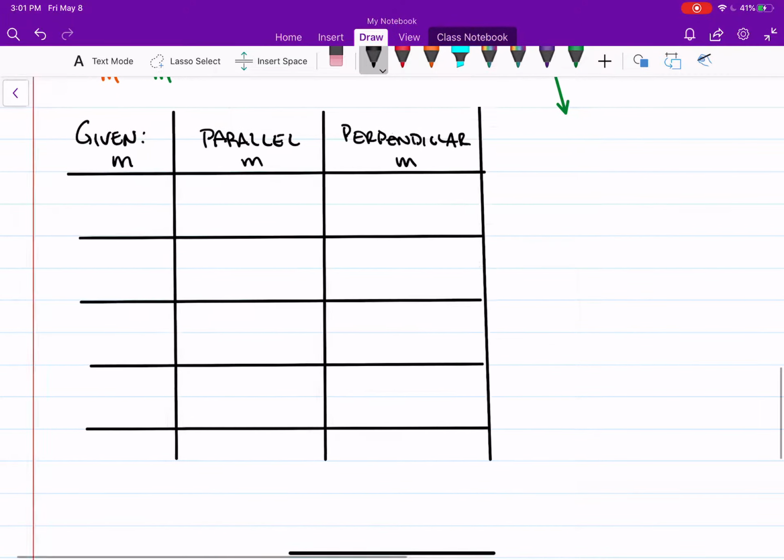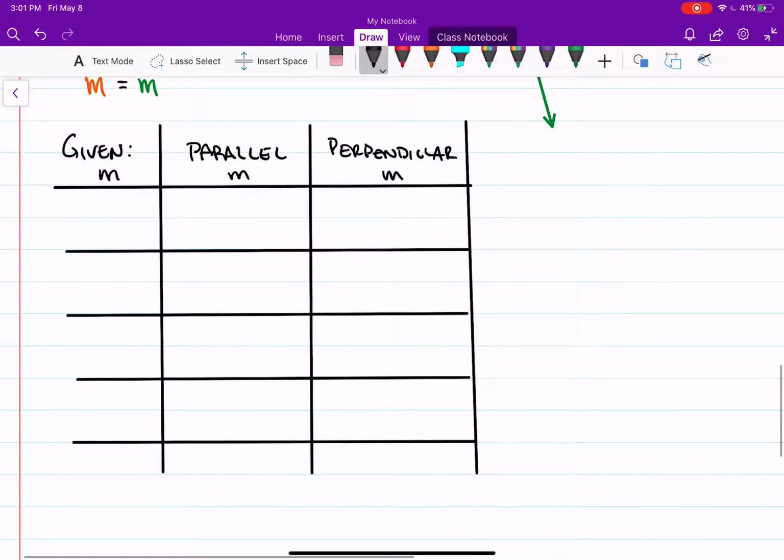Okay, so if I said to you, this given slope is 3/2, the parallel slope would also be 3/2 because they're the same. Perpendicular, okay, the way I want you to think about perpendicular is flip and negate. So it's going to be negative and then it's going to be flipped.